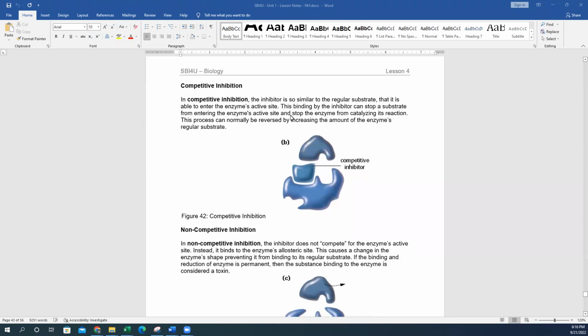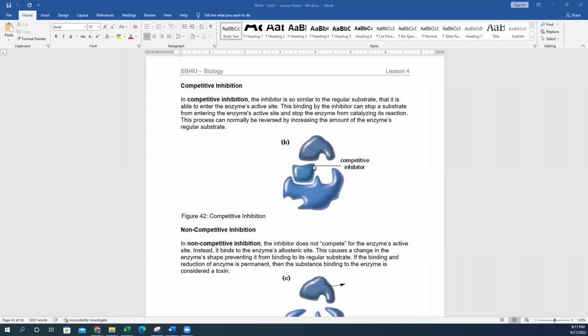Now, there are different types of inhibition. There is the type of inhibition referred to as competitive inhibition, and similarly, there also exists non-competitive inhibition. So what do we mean by competitive and non-competitive inhibition? In competitive inhibition, we have an inhibitor that is very similar to the actual substrate.